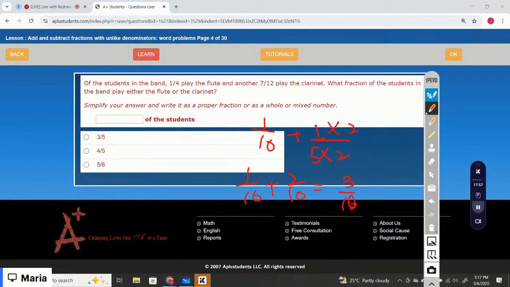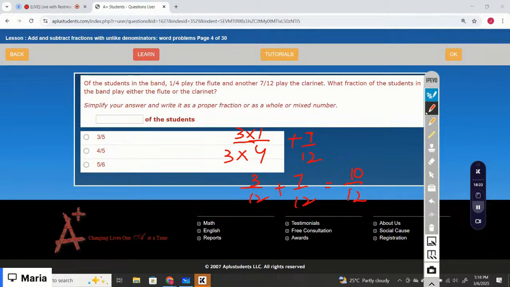Of the student band, one fourth play the flute and another 7/12 play the clarinet. What fraction of the students in the band play either the flute or the clarinet? That is 3 by 12 plus 7 over 12.